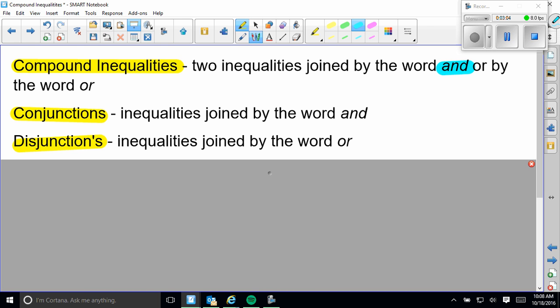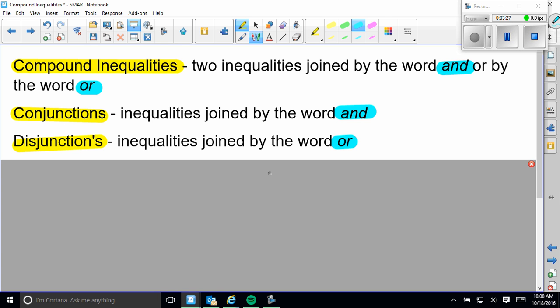A conjunction is part of the compound inequality, but it's the specific name for the inequalities joined by the word and. Whereas disjunctions are part of the compound inequalities, but they're specifically the inequalities joined by the word or.